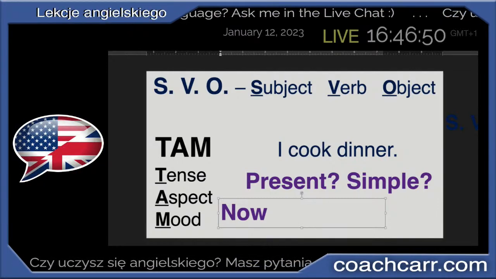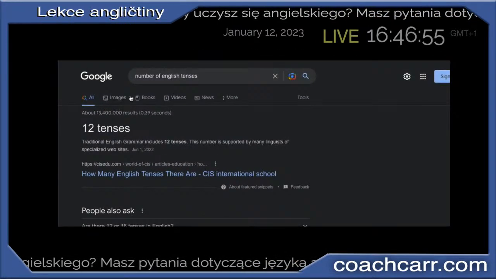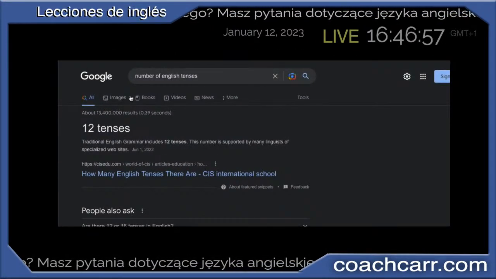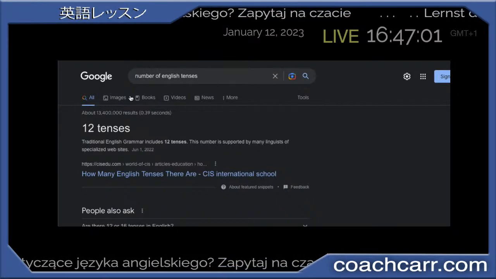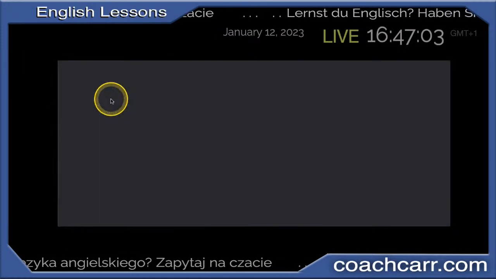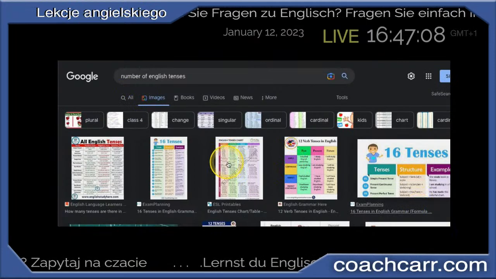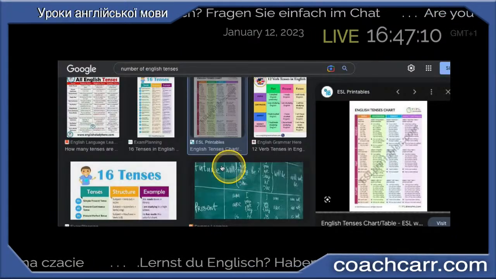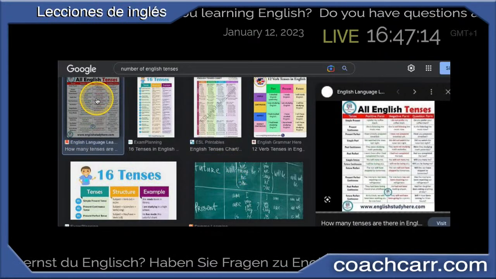This is the everything search. 12 tenses in English. What is going on there? If you click on the images, then you get all these charts. I mean, all these different.